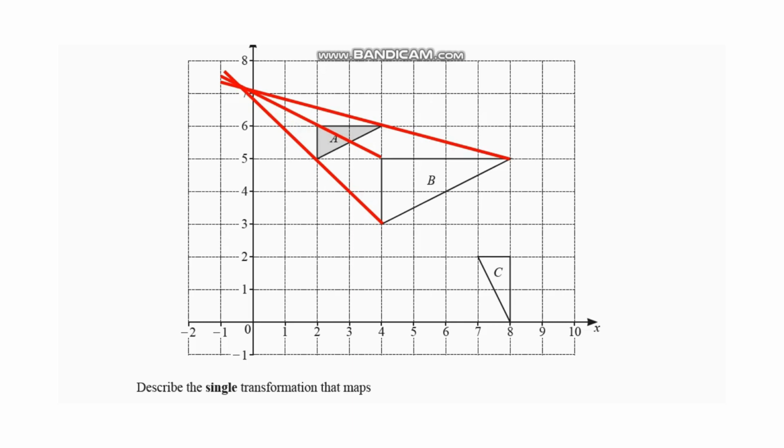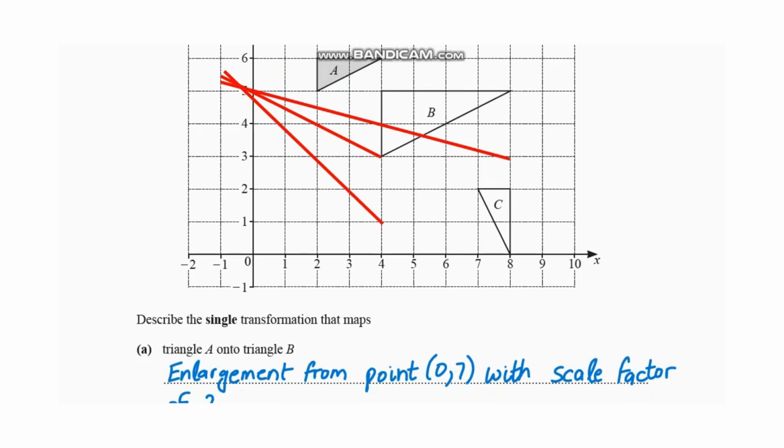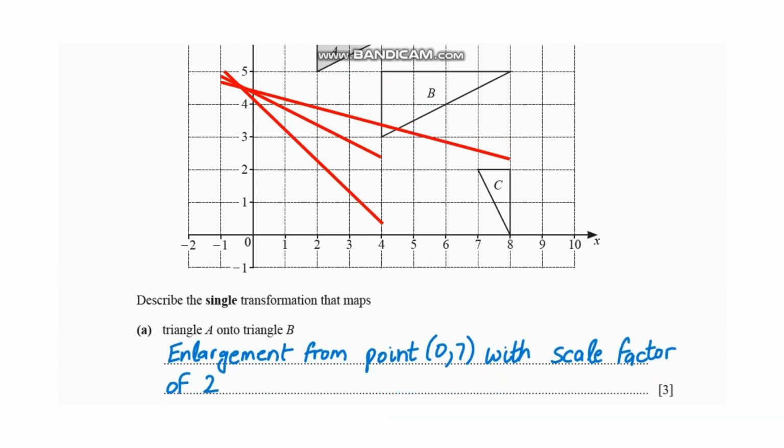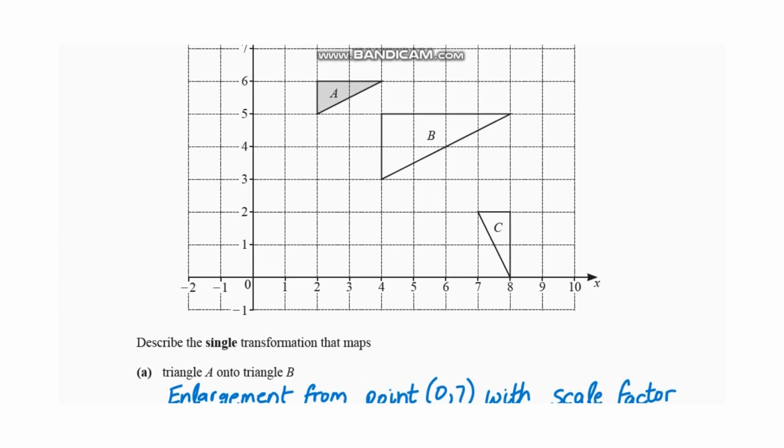So this means that the enlargement is from 0, 7. And in part A we will write enlargement from point 0, 7 with scale factor of 2, because over here, if you can see, here is only one block, but over here we have in triangle B 2 blocks, so it means it has been enlarged by 2.